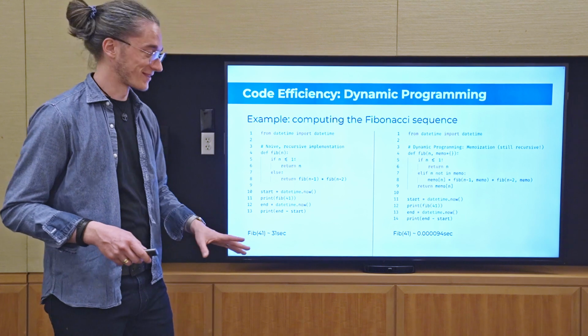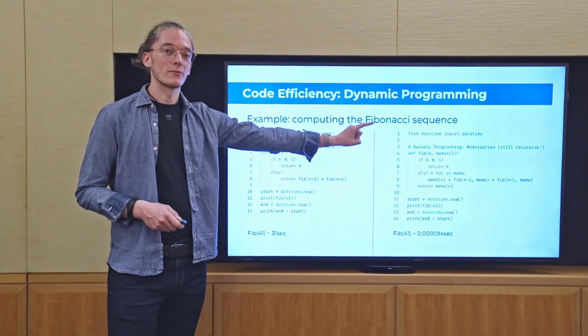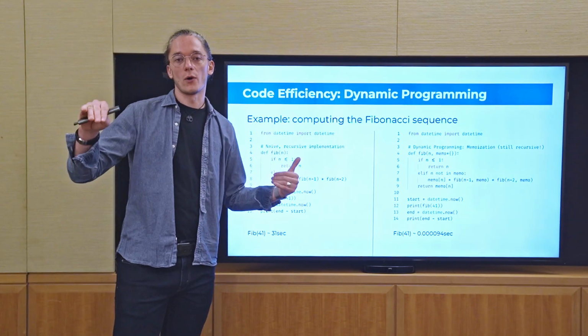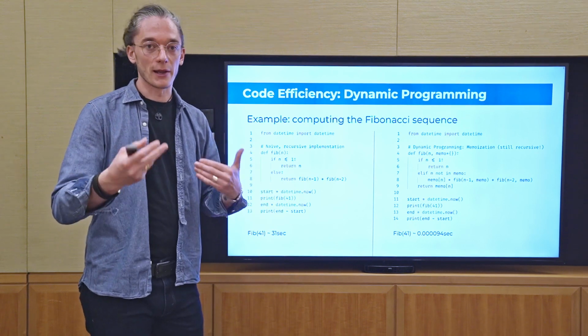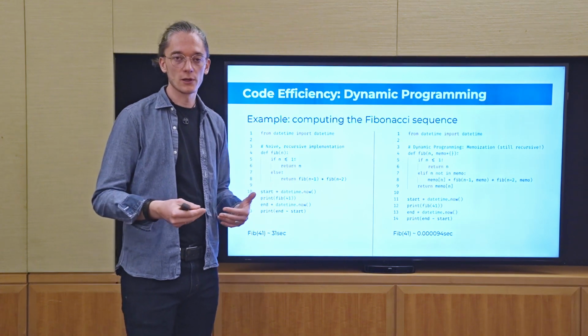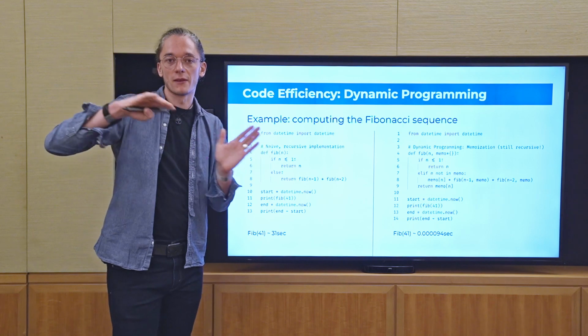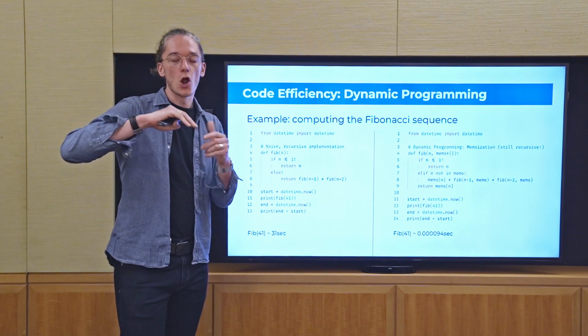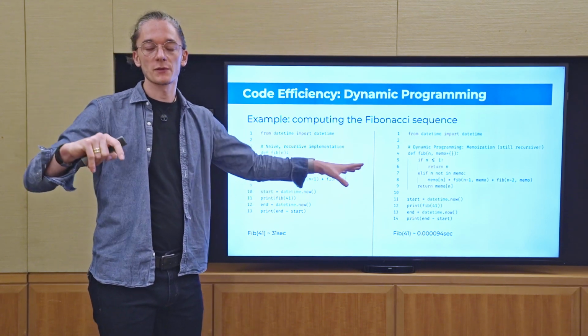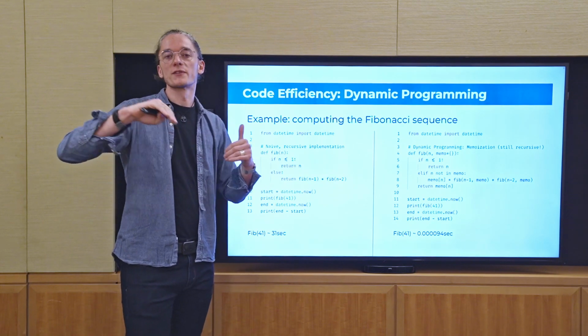Now it gets better, because on the right-hand side, with our memory now, we have linear growth. So the higher the numbers get that we want to compute, the more load we introduce with this program, that grows linearly.